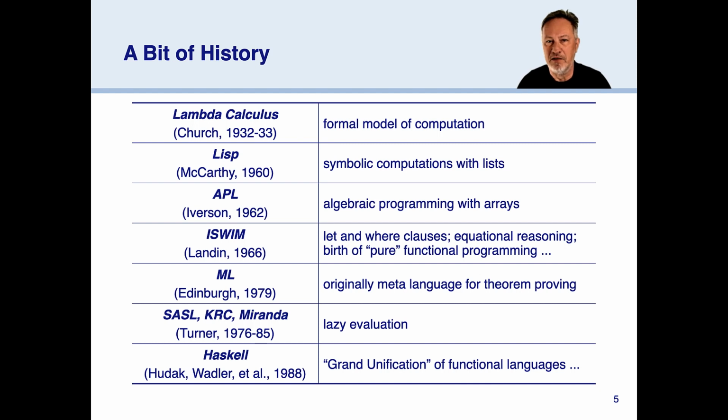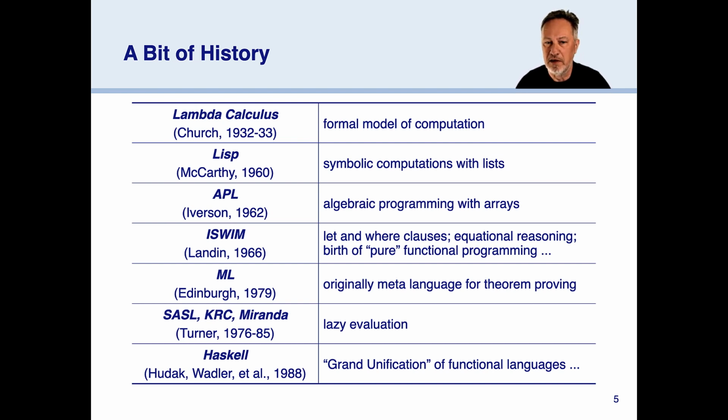The lambda calculus can be seen as the foundation of several different kinds of programming languages, has a strong affinity to functional languages. McCarthy introduced Lisp, which was a language for symbolic computation using lists, in 1960.